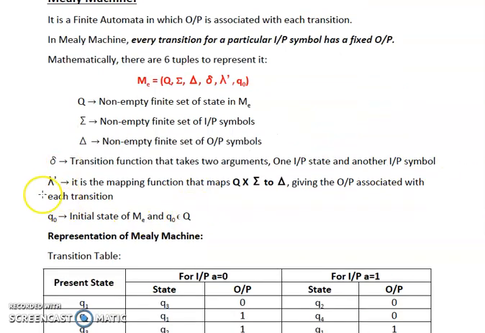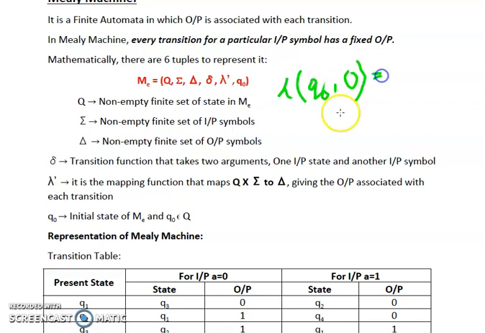The next tuple of our mathematical representation is lambda dash. Lambda dash is a mapping function that maps capital Q into sigma to delta. So over here, let's say for example, we are taking the two inputs as capital Q, the current state. Let's say we are currently on the state Q0. Then we are providing the input, for example, 0.